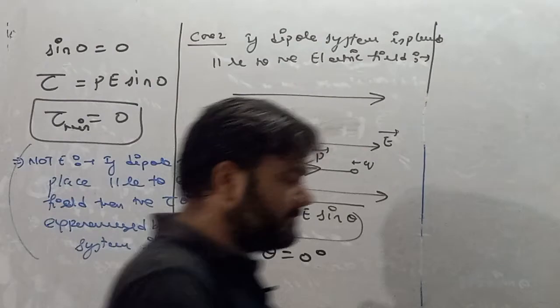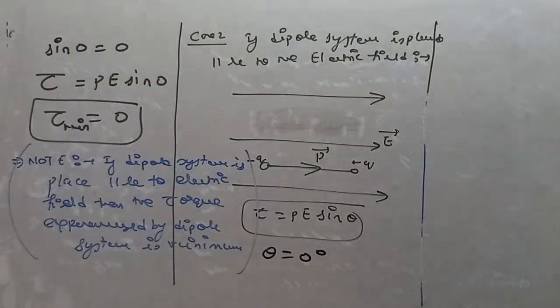Remember, for maximum torque the dipole system must be placed perpendicular to the electric field, and for minimum torque the dipole system must be placed parallel to the electric field.